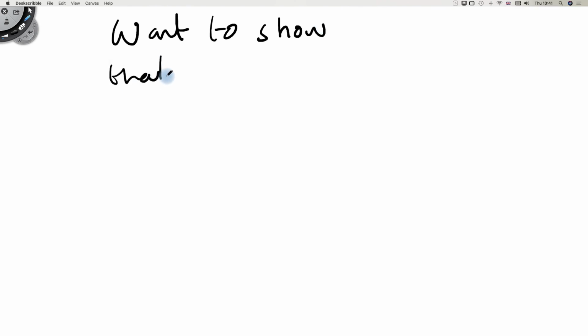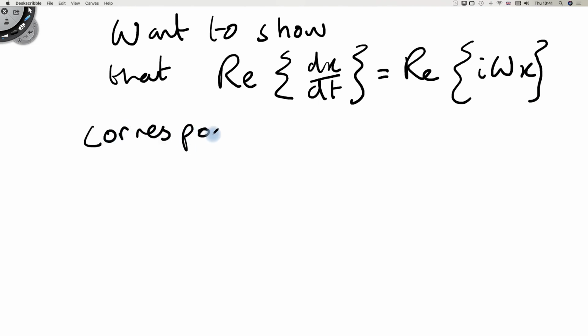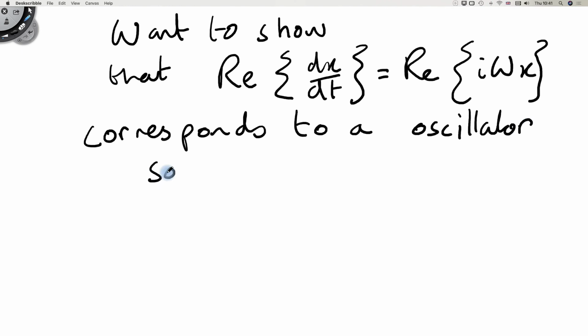So what I want to show is, when you take the real part of dx by dt equals i omega x, it corresponds to an oscillatory solution.